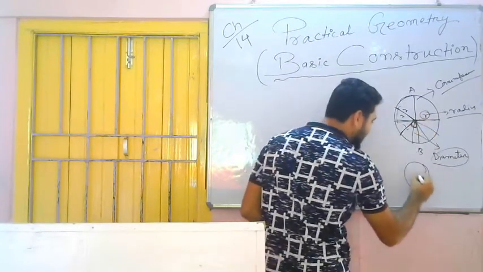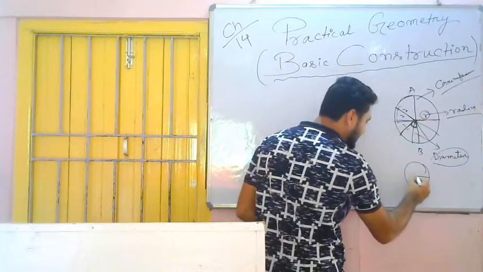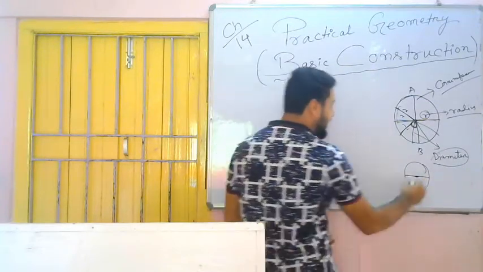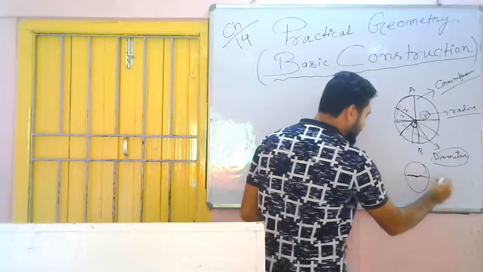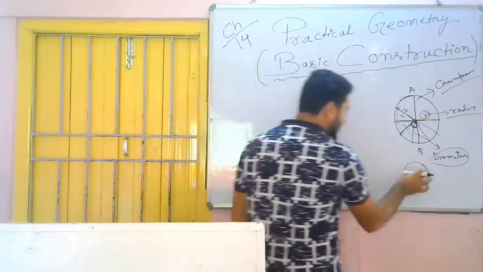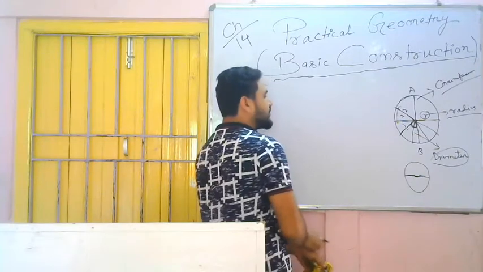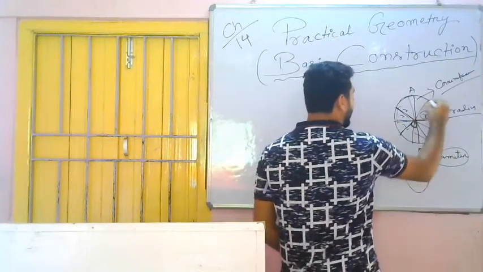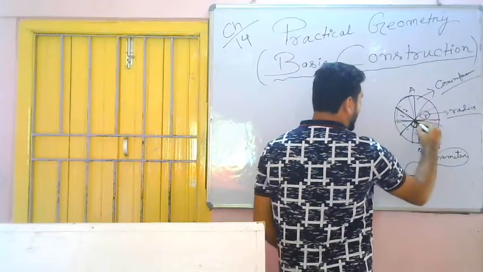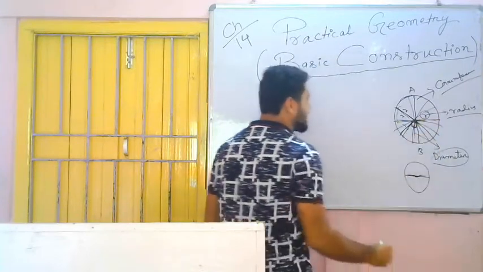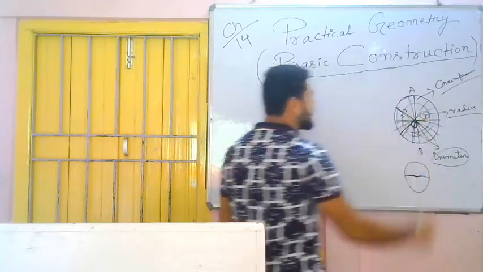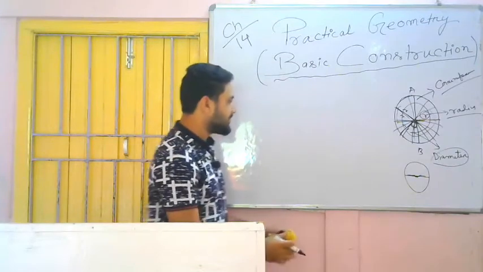Suppose this is a circle, then this line and this line are equal. So if we draw many radii, all the radii will be equal.